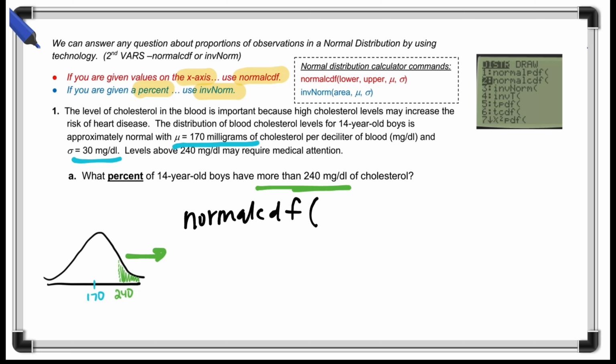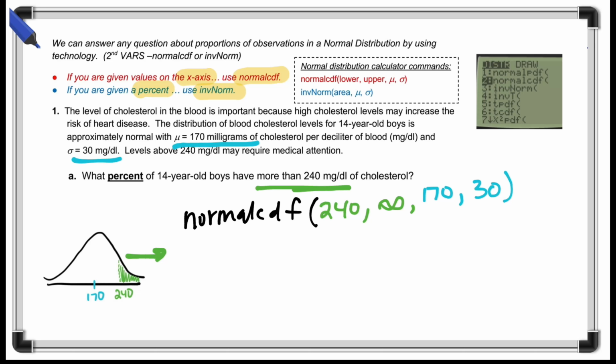First you put the lower number, which is 240, that's your minimum. We don't know what the upper value is, so we're going to put infinity. Then you put your mu, or your average, which was 170, and then you type in your standard deviation, which was 30.